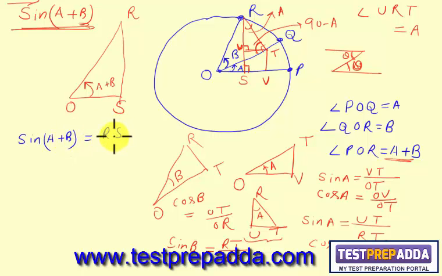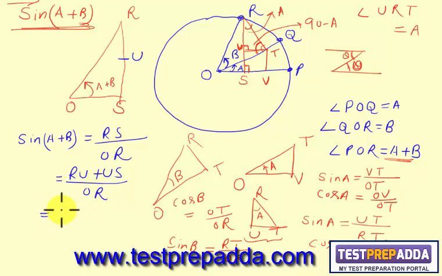Perpendicular is RS, hypotenuse is OR. Now RS is actually divided into RU and US. So in place of RS, I can write RU plus US upon OR. Now if I separate it, it becomes RU upon OR plus US upon OR.